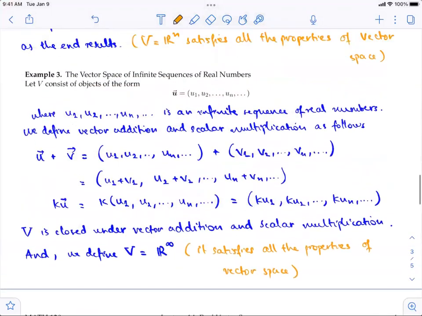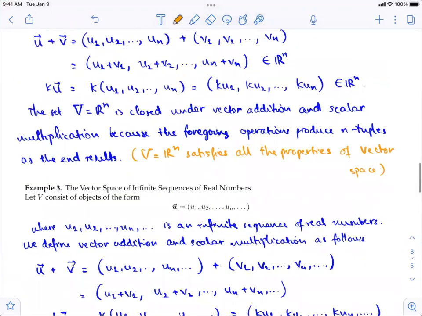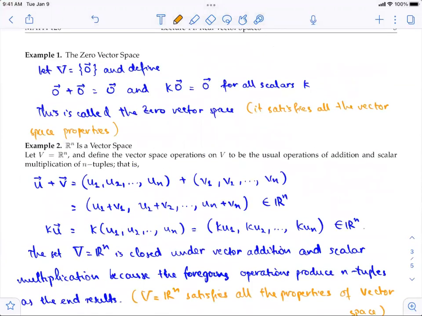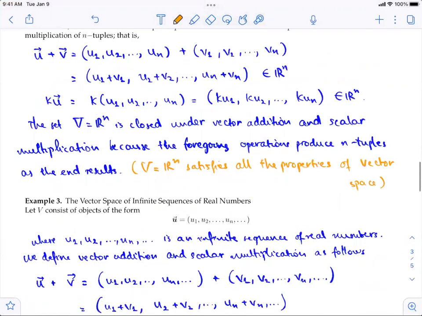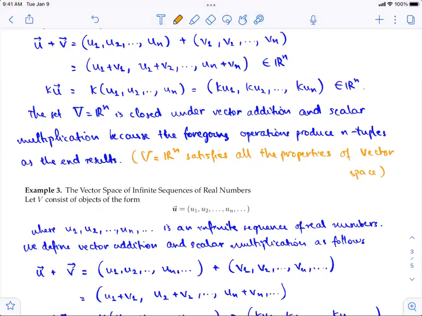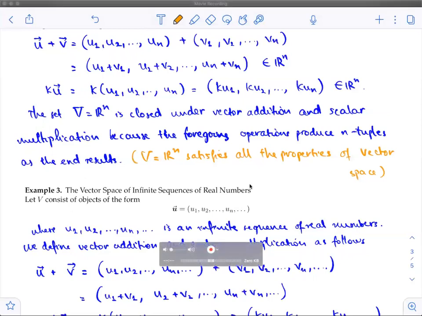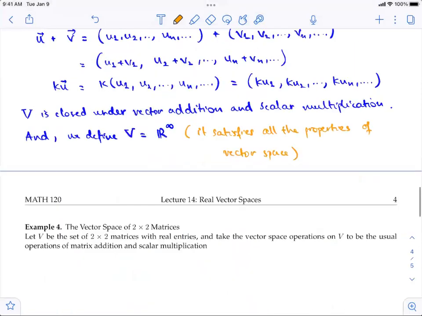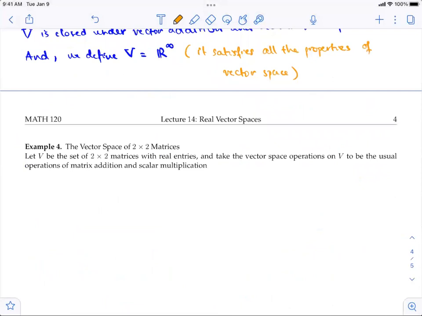Okay, so you have looked at three examples here related to vector space. The first vector space, we looked at the zero vector space. The next one is the n-dimensional vector space, and in example 3, we looked at the vector space of infinite sequences of real numbers. So far we just worked with vectors. Now moving on, I'm going to do some vector spaces of matrices.